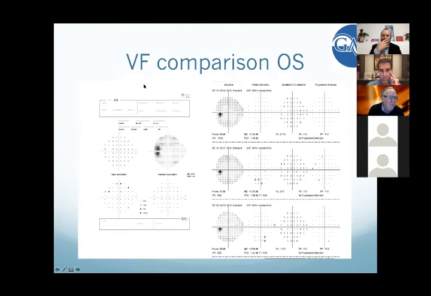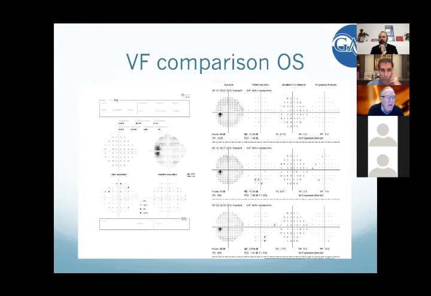There are a few areas of black boxes, and I'm looking at some of those numbers and the decibel level. Remember, 30 decibels on your virtual reality machine is not the same as 30 decibels on a Humphrey, and not the same as 30 decibels on an Octopus. It's a relative logarithmic scale decibel, so don't get hung up on that.